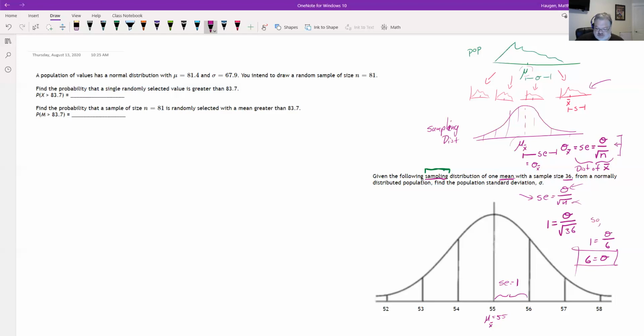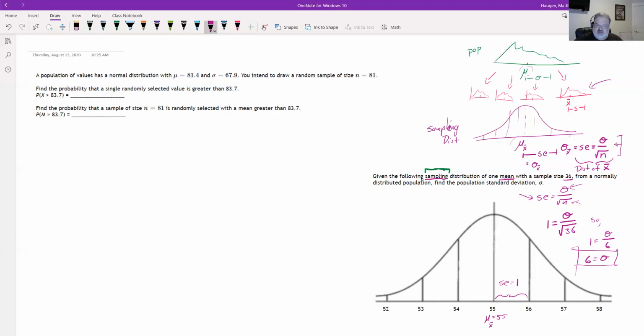If we change the sample size, we change that standard error. The bigger the sample size, the smaller the standard error. That's going to become really important in Chapter 9. The bigger that sample size is, the more accurate all of your individual averages are, so the tighter your sampling distribution is. Say that again one more time.